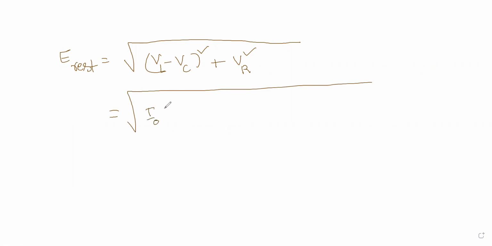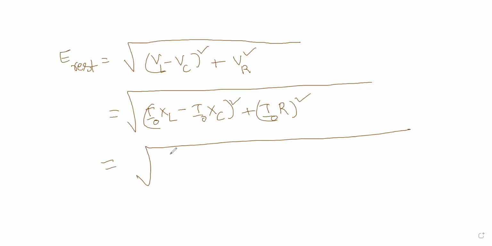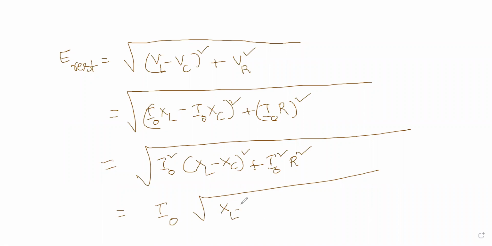So that is I naught into XL minus I naught into XC whole square plus I naught into R whole square. Now it's square root of I naught square into XL minus XC whole square plus I naught square into R square. Now I naught square I can take common. So I will get I naught into square root of XL minus XC whole square plus R square.